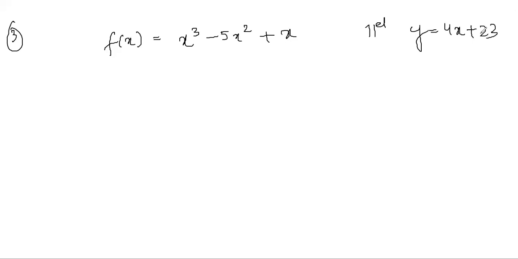So who has the idea how to calculate? First what you have to do is get the derivative. So what is the derivative you get over here, f dash? You get 3x square minus 10x plus 1.